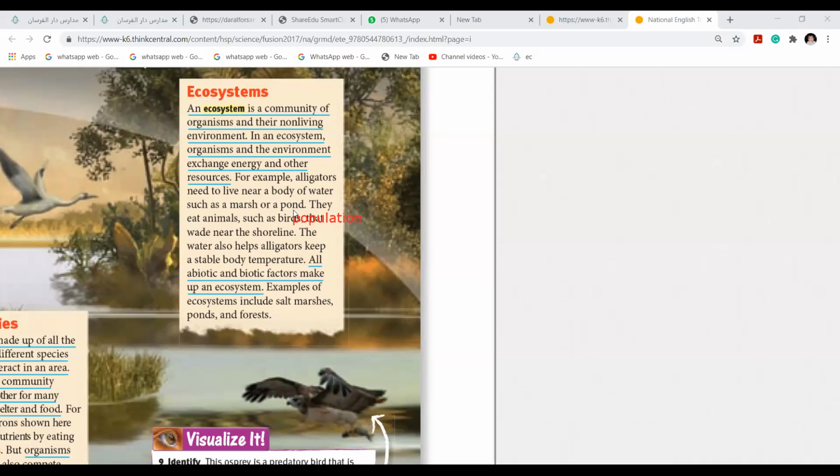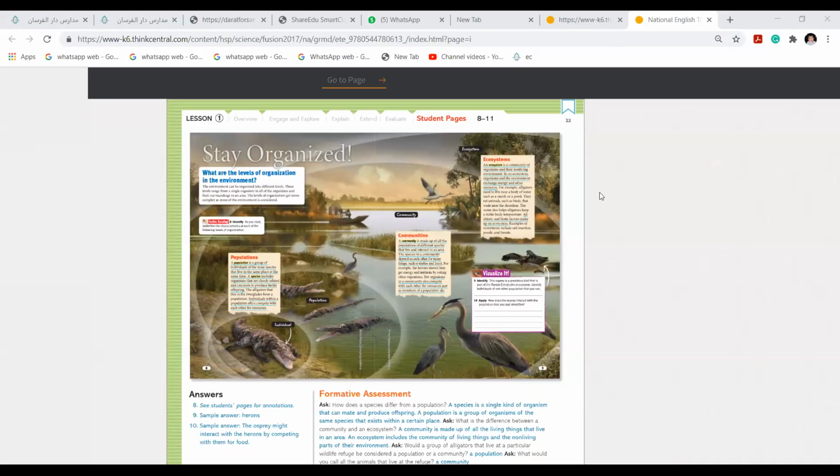In an ecosystem, organisms and the environment exchange energy and other resources. All abiotic and biotic factors make up an ecosystem. When I talk about ecosystem, it means both biotic and abiotic factors. Coming to the next here.